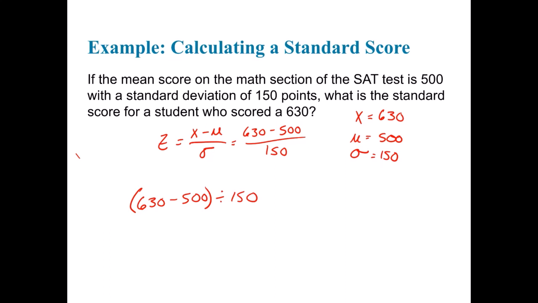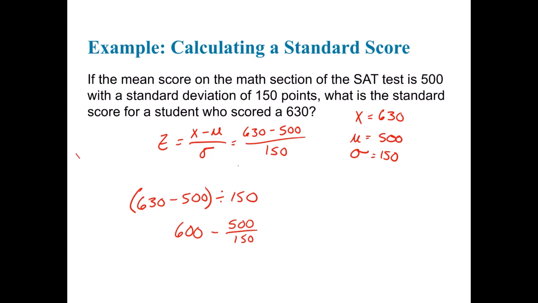Otherwise, your calculator is going to follow order of operations. So it's going to ignore that subtraction if you don't put parentheses around it, and it's just going to do 500 over 150 first, and then subtract it from 630.